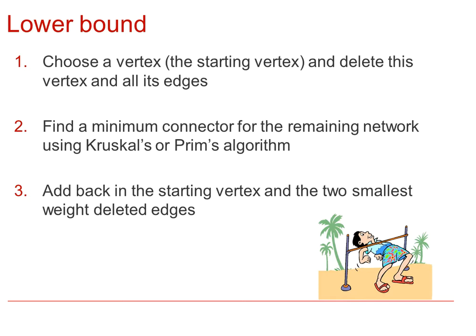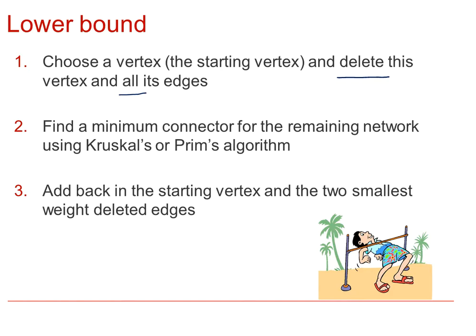In previous series, we have looked at the idea of a minimum spanning tree and finding a minimum connector to connect vertices with a least weight solution. To find the lower bound then, we choose a vertex, which you can call the starting vertex, and then delete this vertex and all its edges.